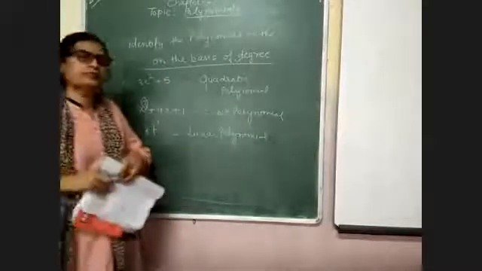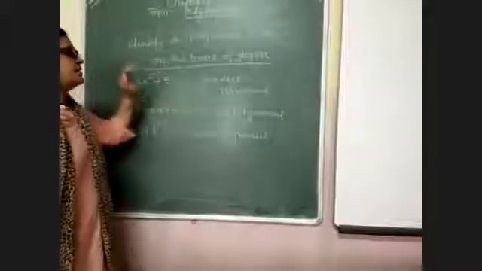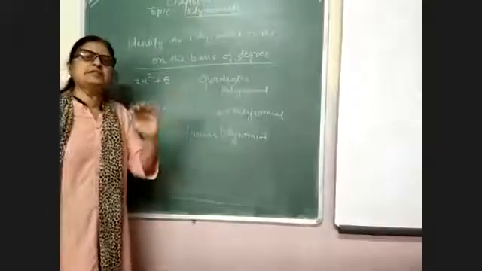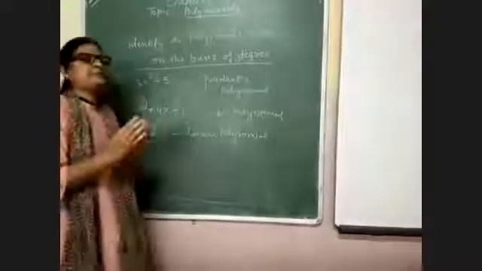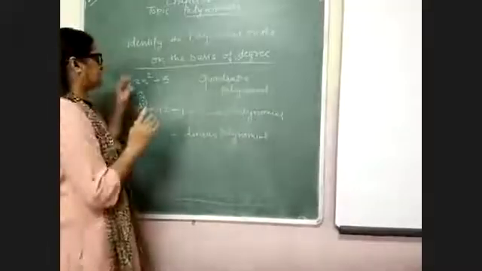So on the basis of degree, you have to see the highest degree. And on the basis of terms, you have to see how many terms are in the algebraic expression, which are separated by plus or minus signs.